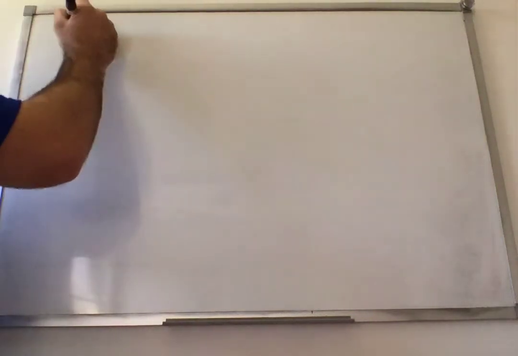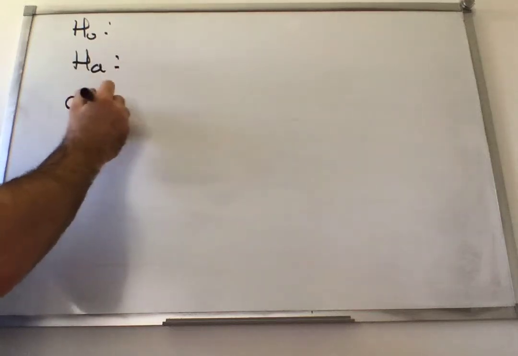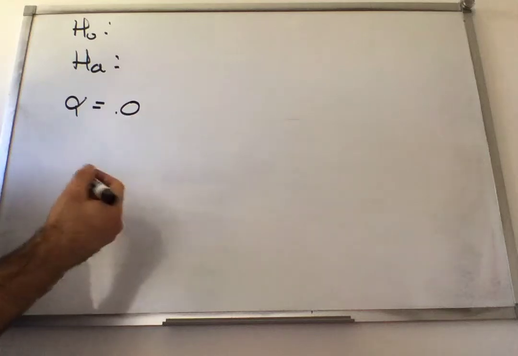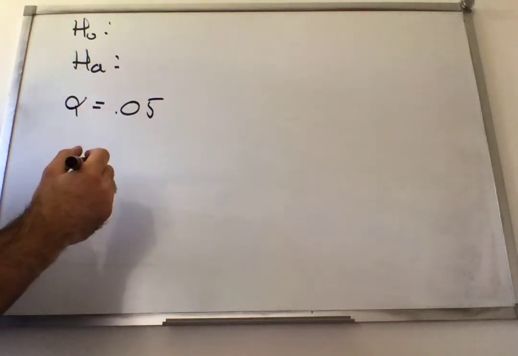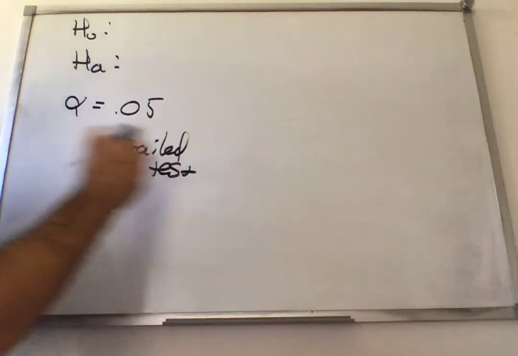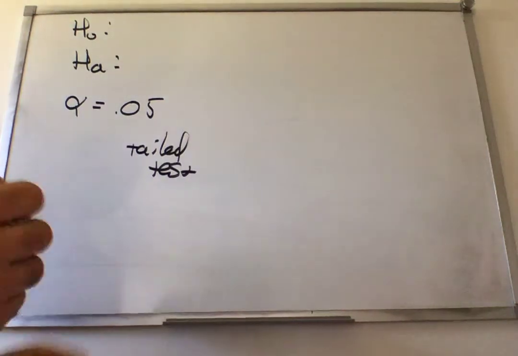Show all 5 steps. Okay, so we've got H naught, we've got our alternative hypothesis. Alpha is equal to 5%, 0.05, and we've got to pick left, right, or 2 tailed test over here. Now, we're going to get the p-value.